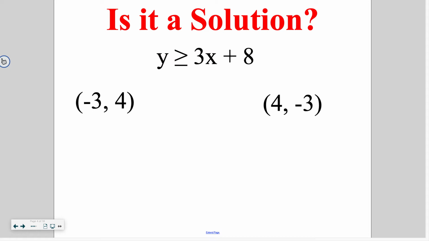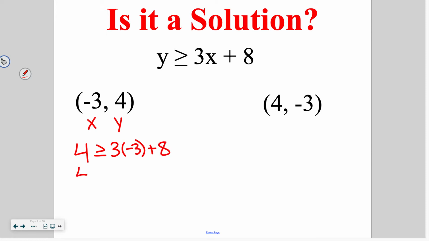First of all, we are going to test to see if a solution is possible for the inequality. So we're going to plug our points into the equation. This is our x value, the -3, and our y value is the 4. For this first ordered pair, we plug it into the inequality, and we say 4 is greater than or equal to 3 times -3 plus 8.